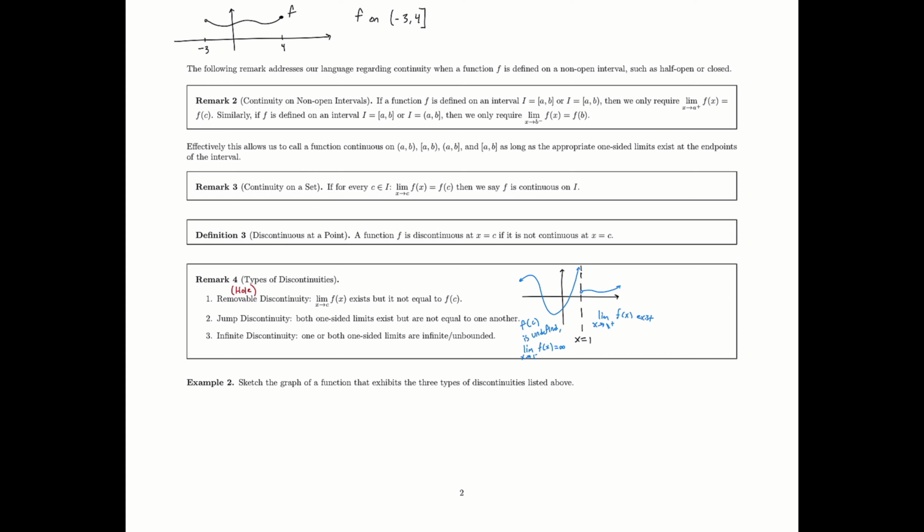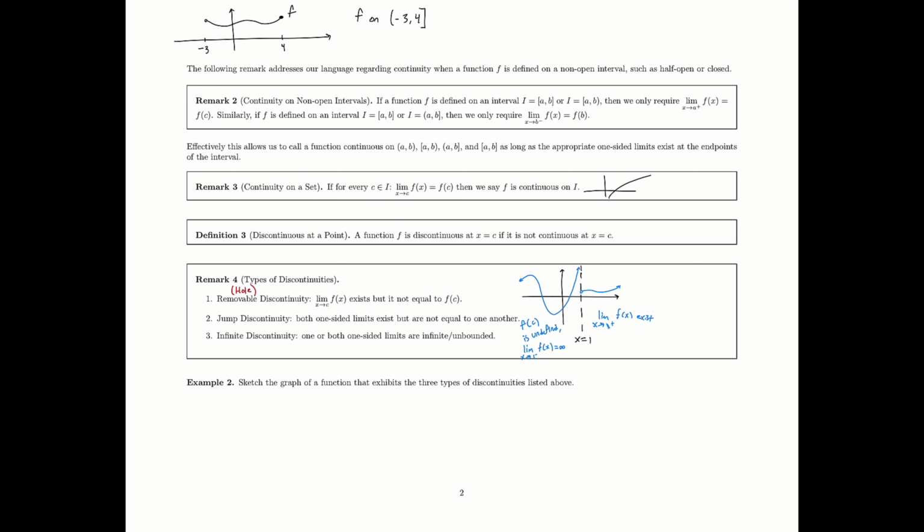What we could take a look at here as a quick little example is a function like x squared. x squared is continuous on all real numbers. Or maybe I have a function where my domain is not all real numbers.